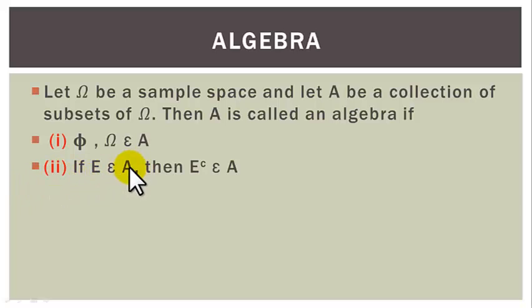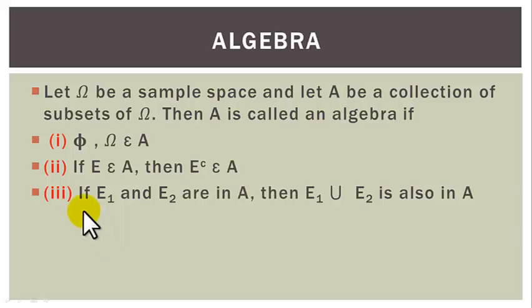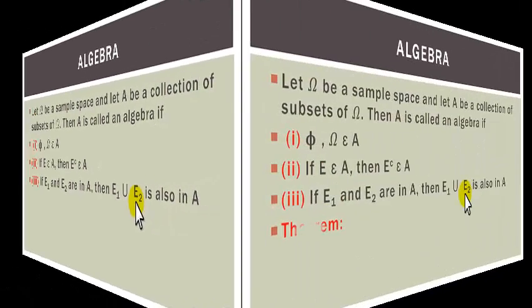If E is an element of A, then E complement is also an element of A. 3. If E1 and E2 are elements of A, then E1 union E2 is also an element of A. That is, an algebra is closed under finite union.